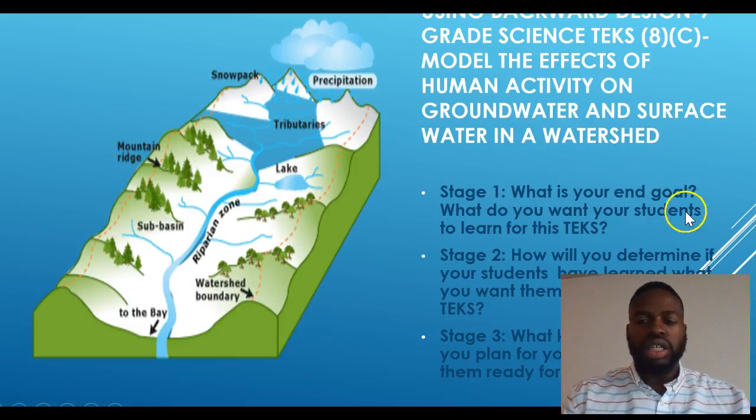Stage 1, what is your end goal? What do you want your students to learn from the TEKS? Stage 2, how will you determine if your students have learned what you want them to know about the TEKS? Stage 3, what kind of activity will you plan for your students to get them ready for your assessment?